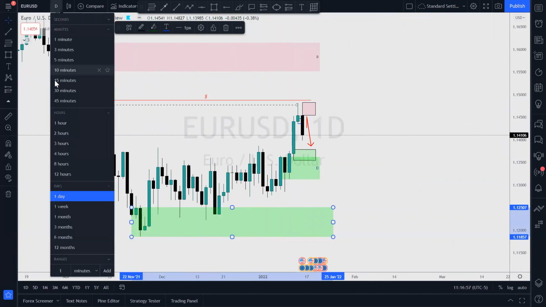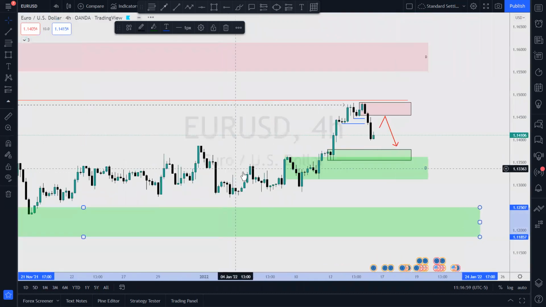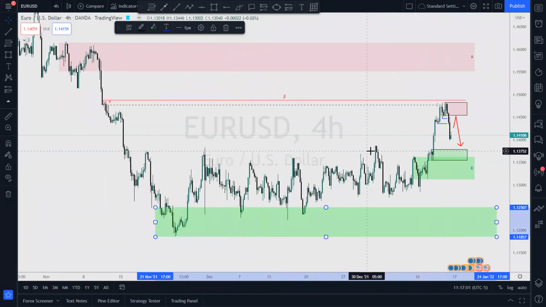If we go down to the 4 hour, we see that price was sweeping the highs here, sweeping all of these highs, boom, boom, boom. All the way up, it took out all this liquidity, and up to this point, we left one more here. Price left that here and turned around.